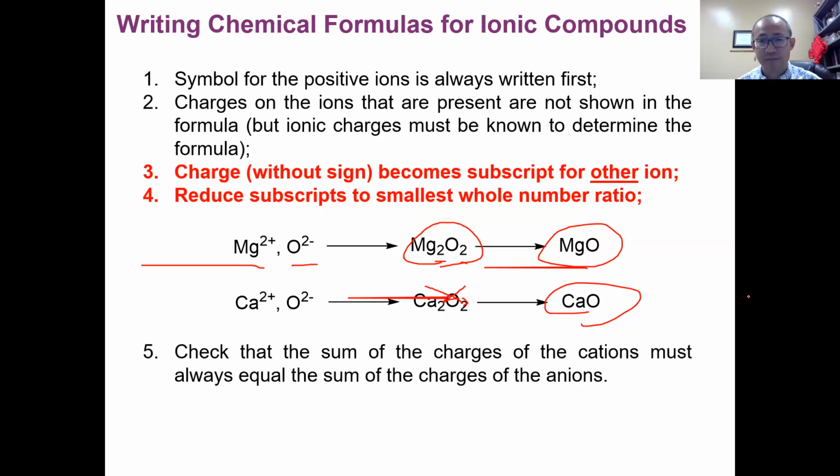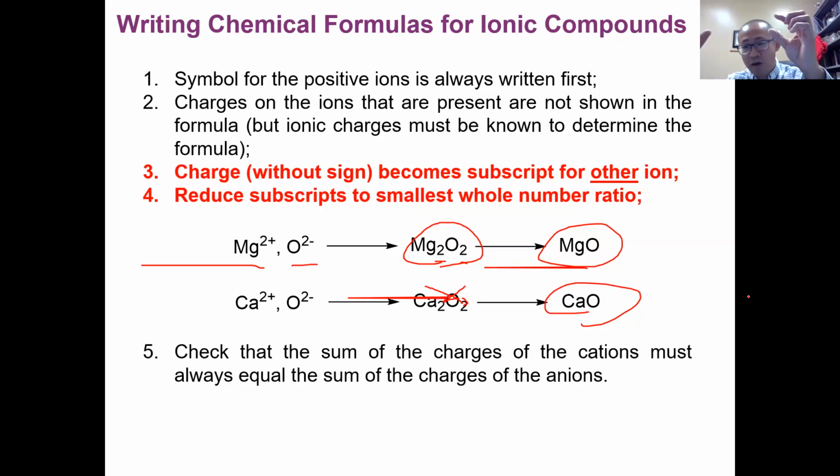Okay, calcium oxide. And number 5, you can always check. How do we check? We make sure the total charge of metal and non-metal adding together is 0. Or you should say the total charge of the metal equals the total charge of the non-metal. Calcium plus 2, oxygen minus 2, right? 2 and 2.